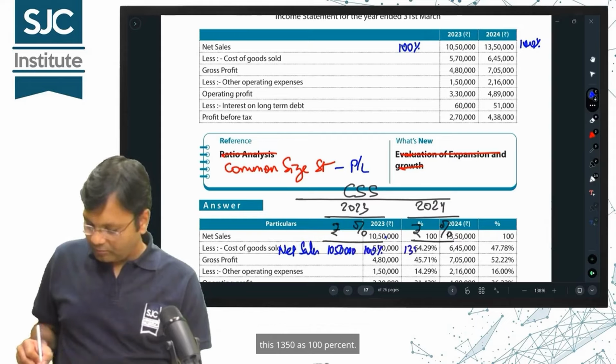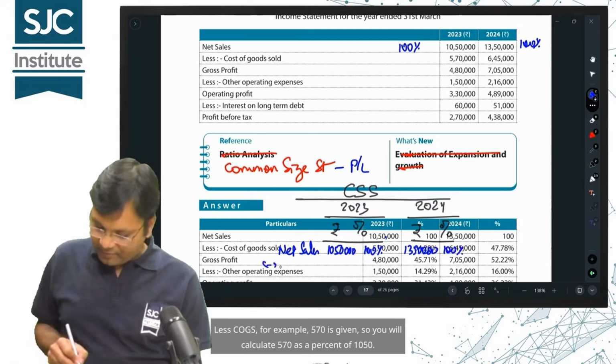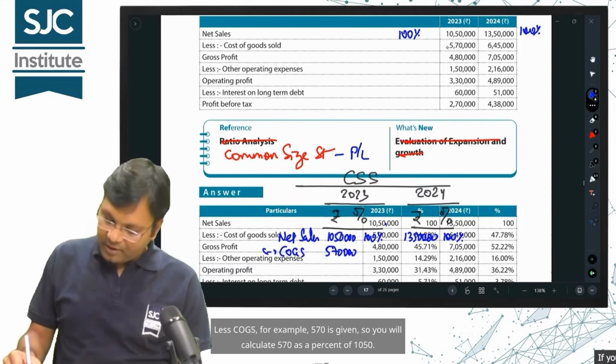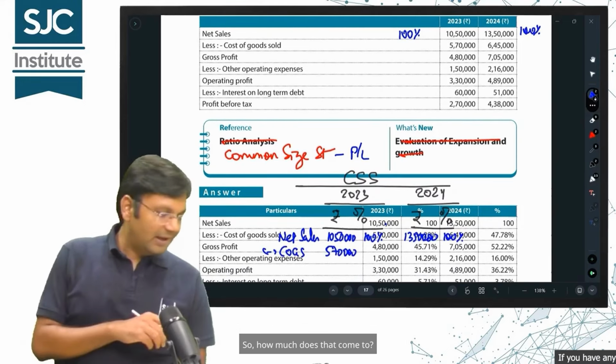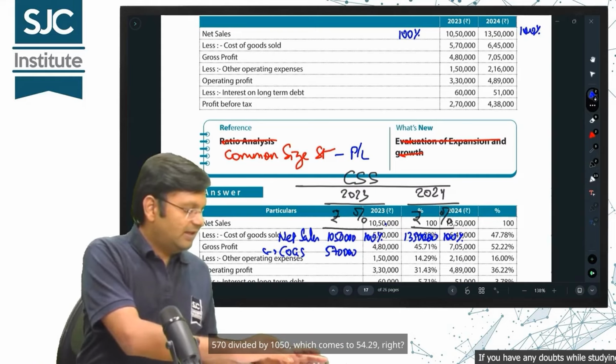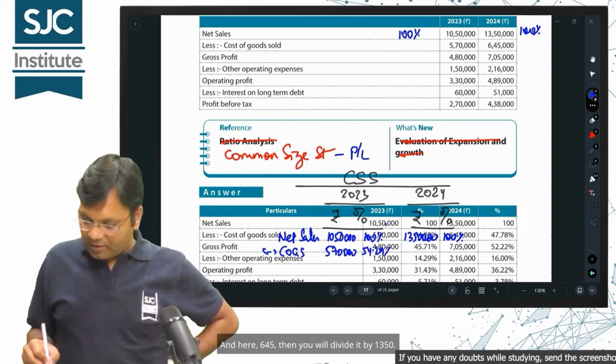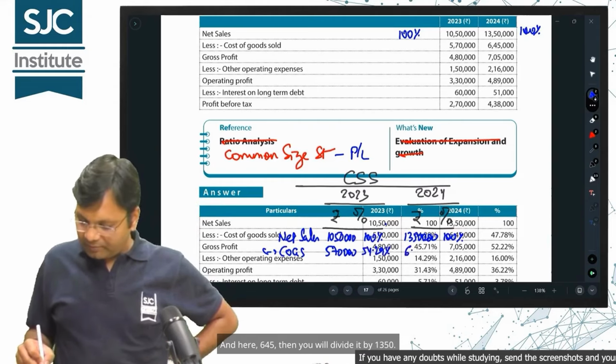Then what will you do? Less COGS. For example, 570 is given, so you will calculate 570 as a percent of 1050. So, how much does that come to? 570 divided by 1050, which comes to 54.29, right? And here, 645, then you will divide it by 1350.